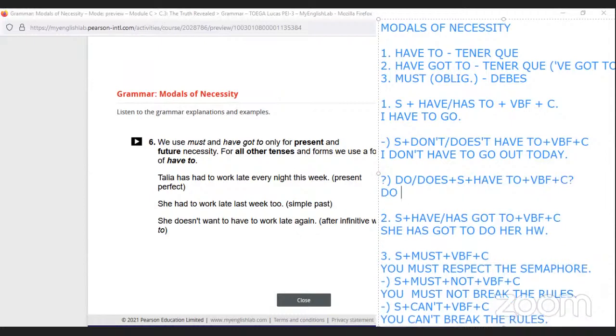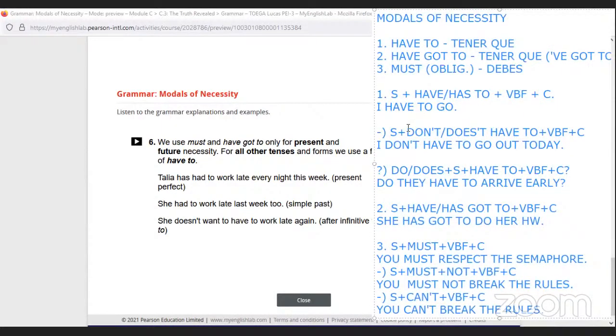So for example, do you or do they have to arrive early? Yes, they do. Or no, they don't. Okay, but with this second one, we don't have negative, only affirmative. The first one, yes, we have affirmative, negative, question. Second one, only affirmative, and must, that is like obligation, we have only affirmative and negative, no more.